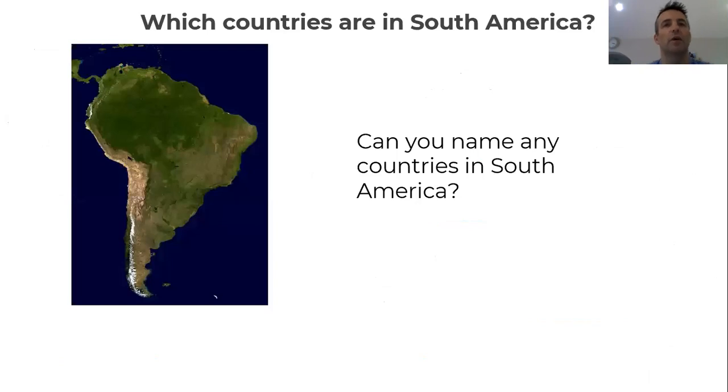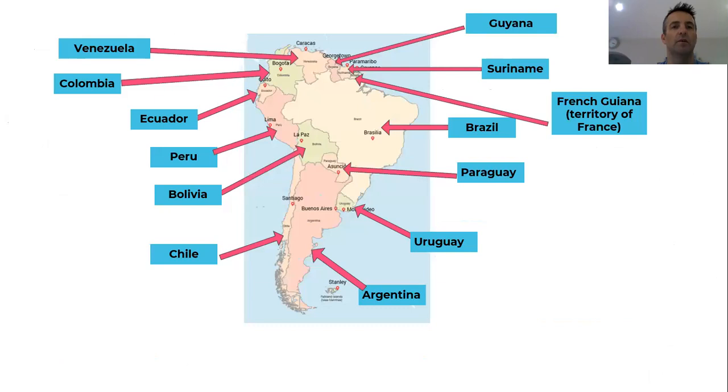Okay, so now we're going to zoom in on the continent of South America, where Brazil is located. So Brazil is one of the countries that we know in South America. Let's recap those other ones. Can you think of them? So going from the south, on the left-hand side, we've got Chile, Bolivia, Peru, Ecuador, Colombia, Venezuela, Guyana, Suriname, French Guiana.